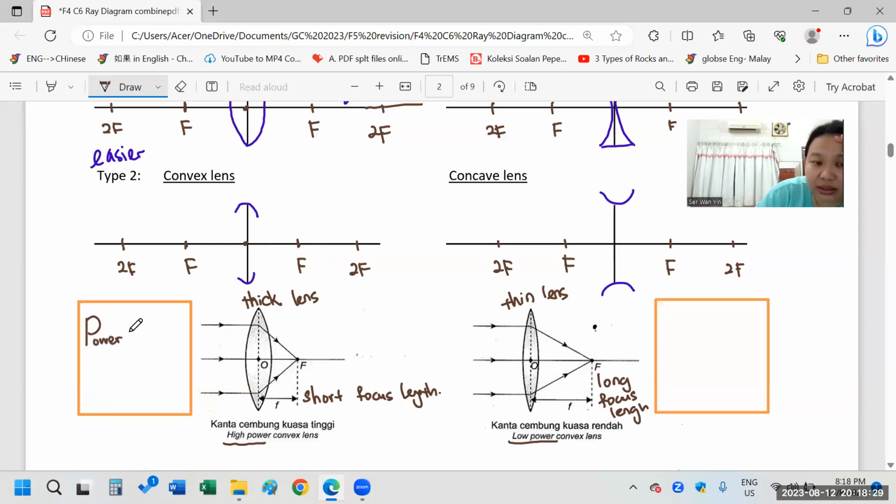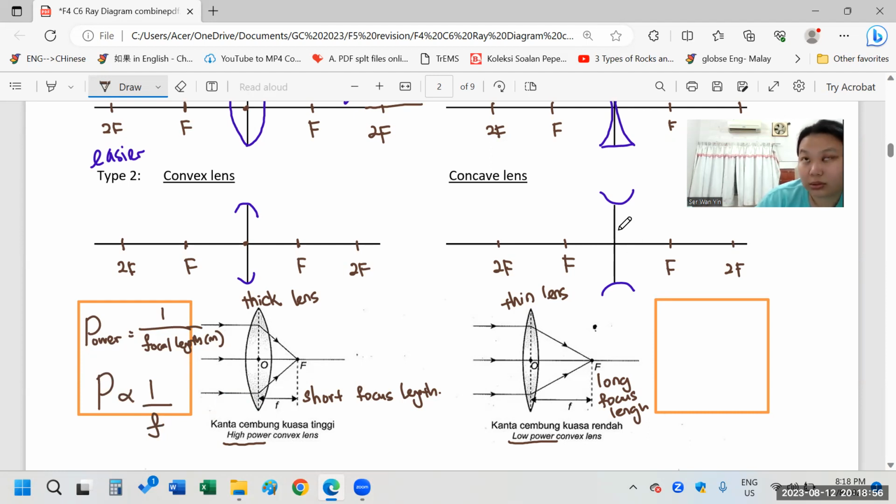Power of lens is equal to 1 over focal length in meters. This means power is inversely proportional to F.